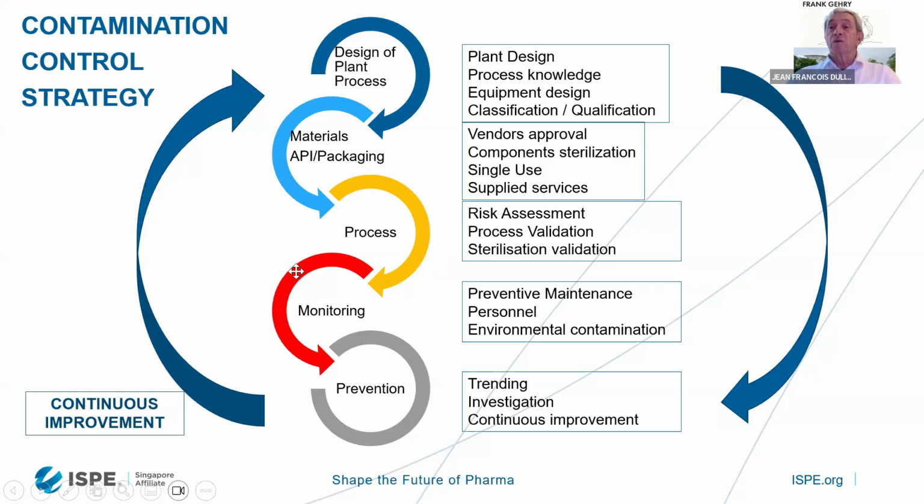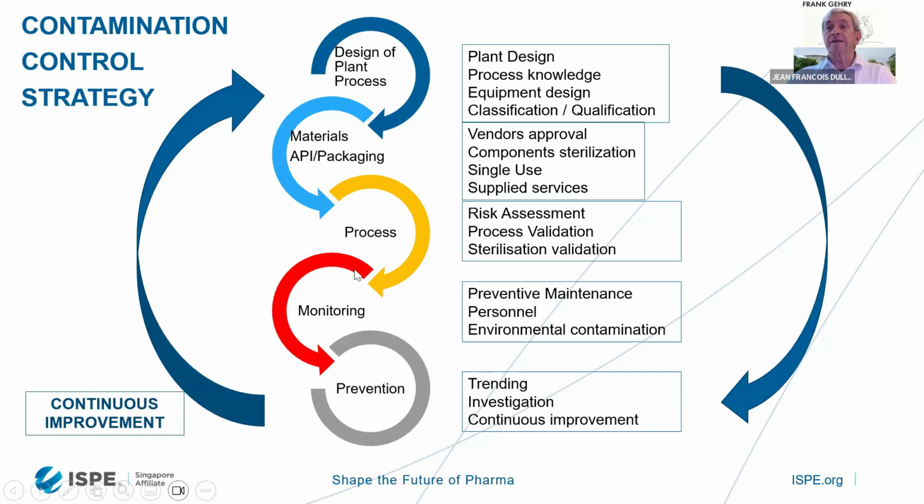Saying all this, we will need to go into the monitoring part. As we are capturing a lot of information, a lot of data, this gives us the opportunity to have a lot of data based on the personnel, the environmental monitoring, and preventive maintenance. And this gives us a lot of information to share with the QP to be sure that we will release the product in a safe way.